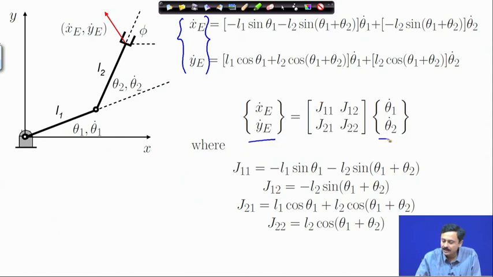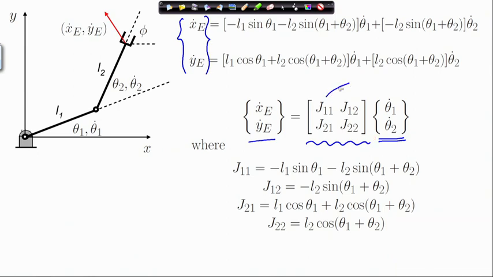And on the right I have also collected the joint velocities theta 1 dot and theta 2 dot as another column vector and related them using what we call the Jacobian. So, this is the Jacobian matrix.